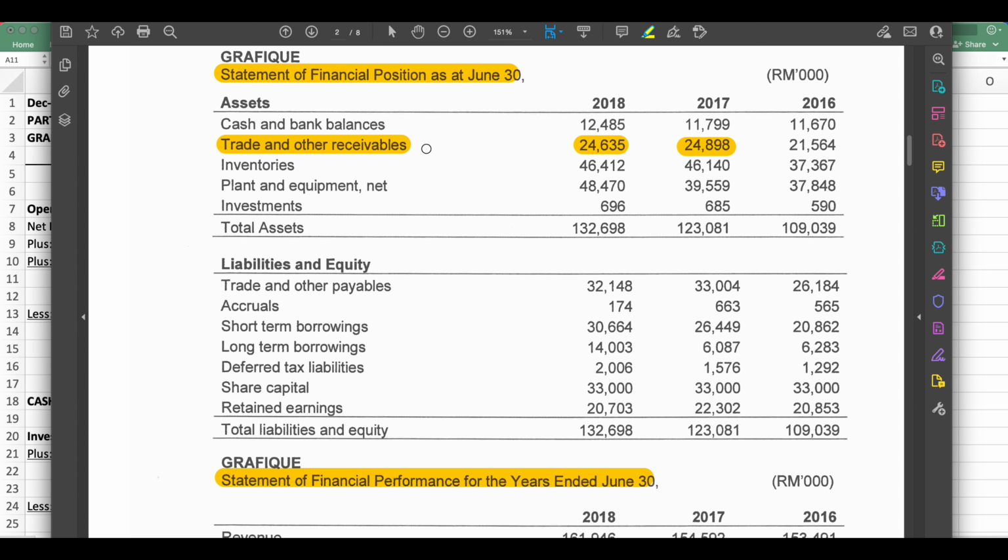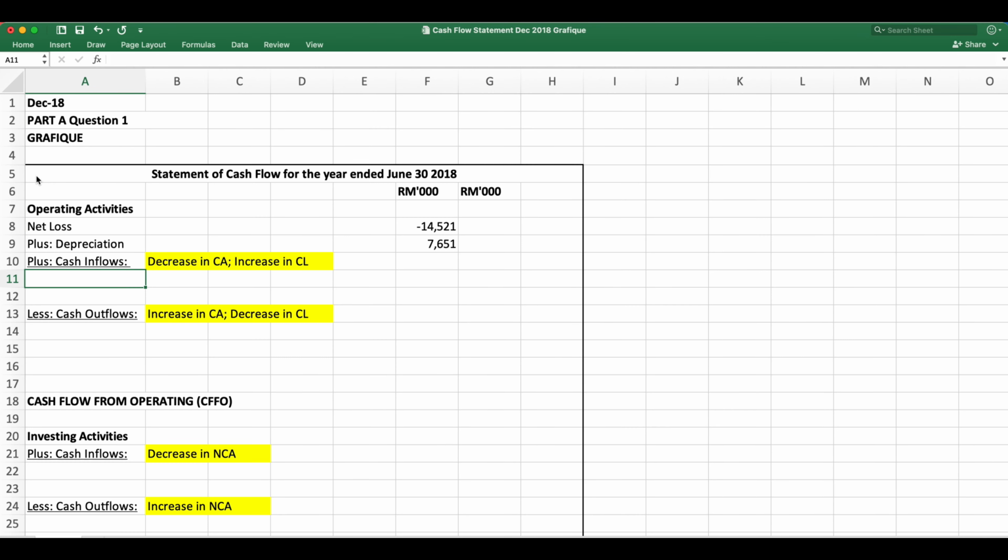It's an outflow for that debtor, but it is an inflow for us because they are paying us the money. Meaning the money comes in. So that's why any decrease in current assets, such as account receivables, we record as our cash inflow.